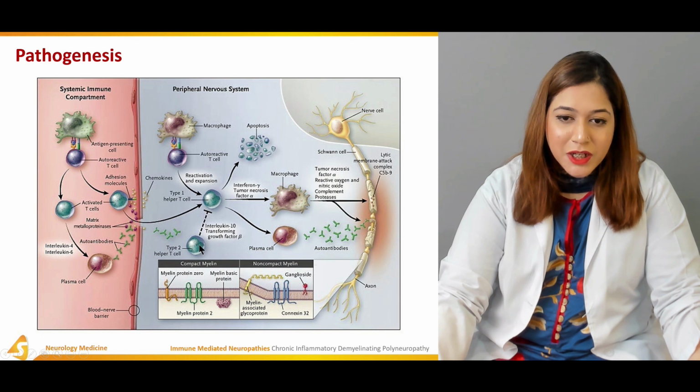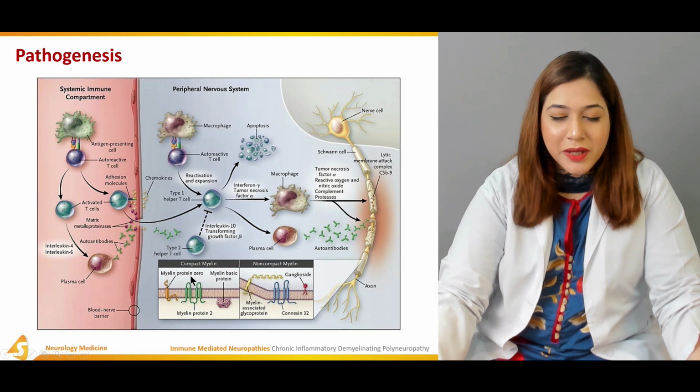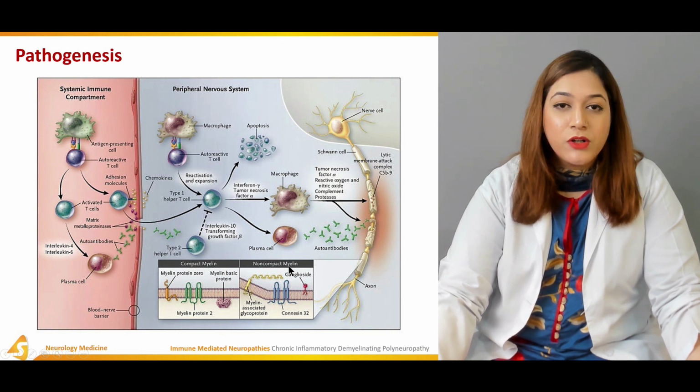Myelin is basically divided into two types, compact myelin and non-compact myelin. Myelin protein 0, myelin protein 2, and myelin basic protein are part of compact myelin, whereas the myelin-associated glycoprotein, connexin 32, and the gangliosides are part of the non-compact myelin.